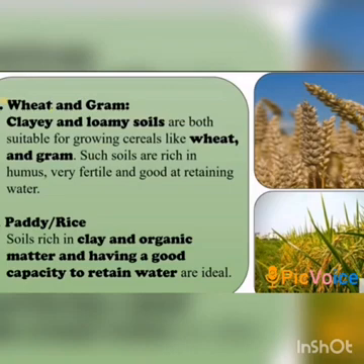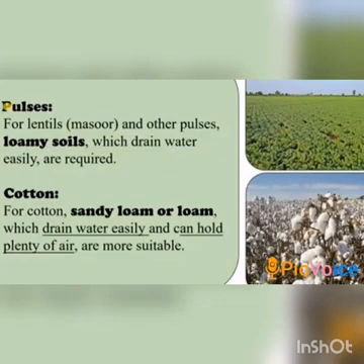In the soil where organic matter plus clay particles are high, that soil is apt for growing paddy. Water retaining capacity is high in that soil, apt for the paddy crop.